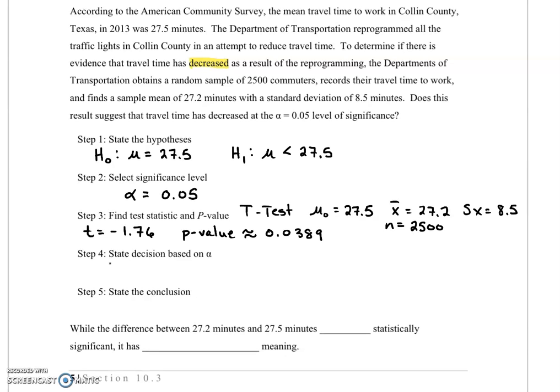So comparing the p-value to alpha, the p-value is less than alpha because it is 0.0389. Alpha was 0.05. The p is low, so we reject the null. Because the p is low, the null must go.